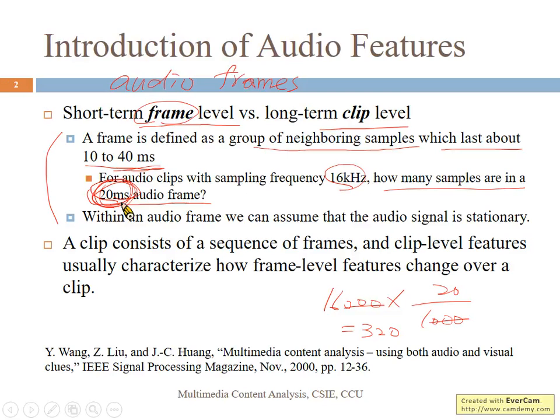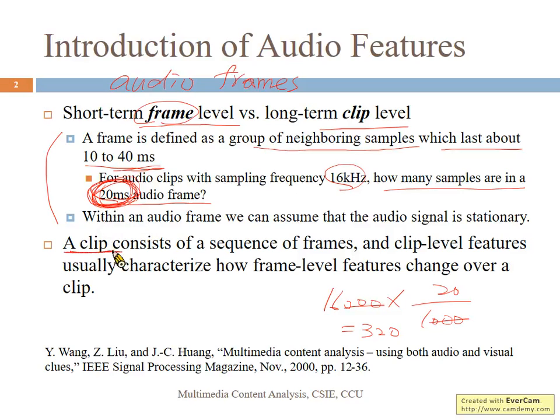But to more appropriately describe some audio characteristics, 20 or maybe 40 milliseconds may be too short. For example, if we want to classify a given audio signal into one type of music, like jazz or classical or rock and roll, we cannot determine the music genre based on such a short time period. Therefore, we need to accumulate the characteristics of many audio frames.